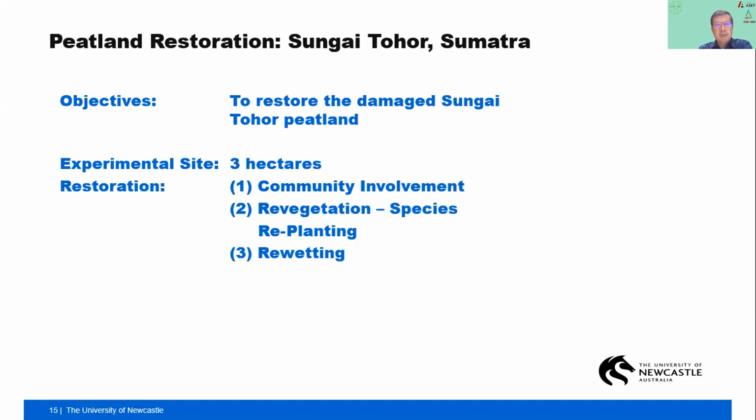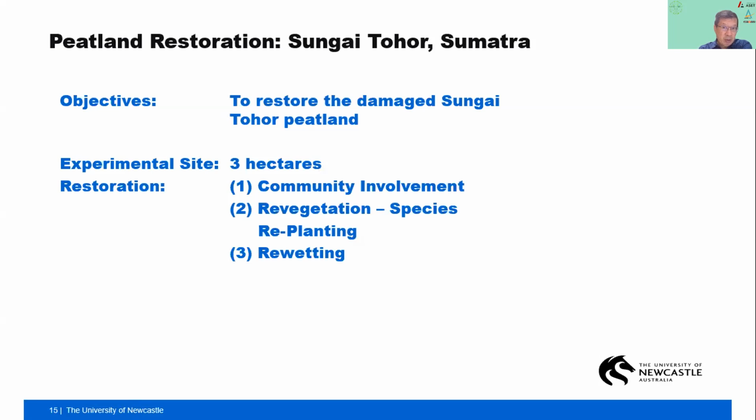A lot of the areas have been destroyed by fire because of the concession that was given to a plantation group, and draining the area has subjected it to fires. So the area is massively destroyed by fires, and we are trying to restore that land back to something natural. That's what we call peatland restoration in the Sungai Tohor area.